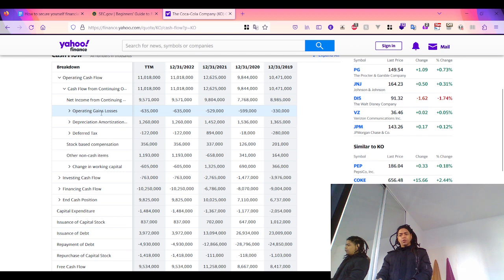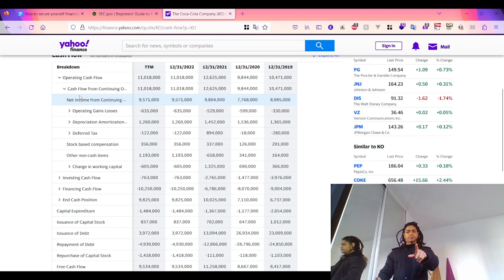For example, here we have operating gains and losses, depreciation and amortization, deferred taxes, stock-based compensation. The way it does this is first by looking at the net income and adjusting for any non-cash items that affect the company, items that affect the income statement where there is no cash transaction involved.